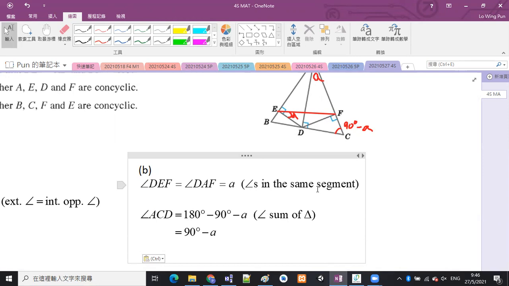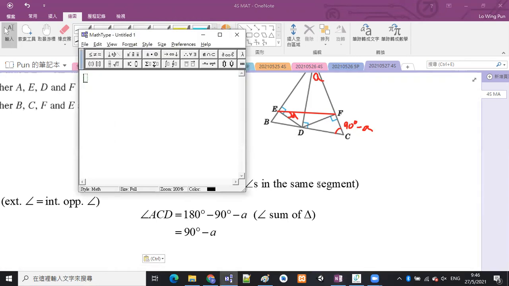Okay, sum of a pair of opposite angles. Angle BEF plus angle BCF. Okay, I want to see whether it is 180 degrees or not. Angle BEF is equal to 90 degrees plus A. But angle BCF is equal to 90 degrees minus A. Can you follow?